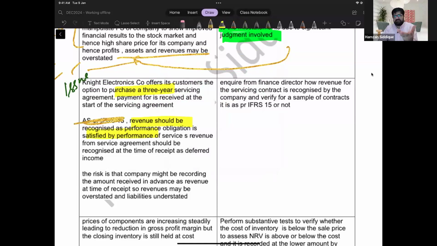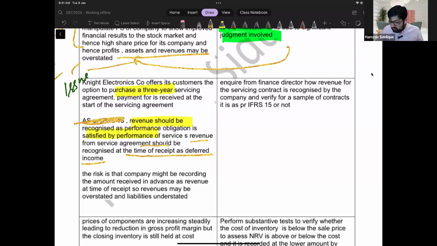It has no marks. The revenue should be recognized as the performance obligation is satisfied by performance of service. Revenue should be recognized over time, and the amount at the time of receipt should be recognized as deferred income.